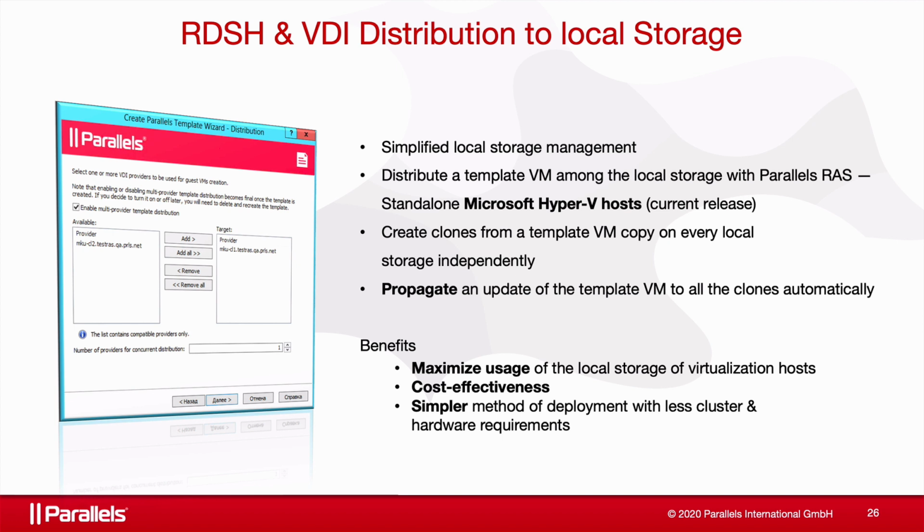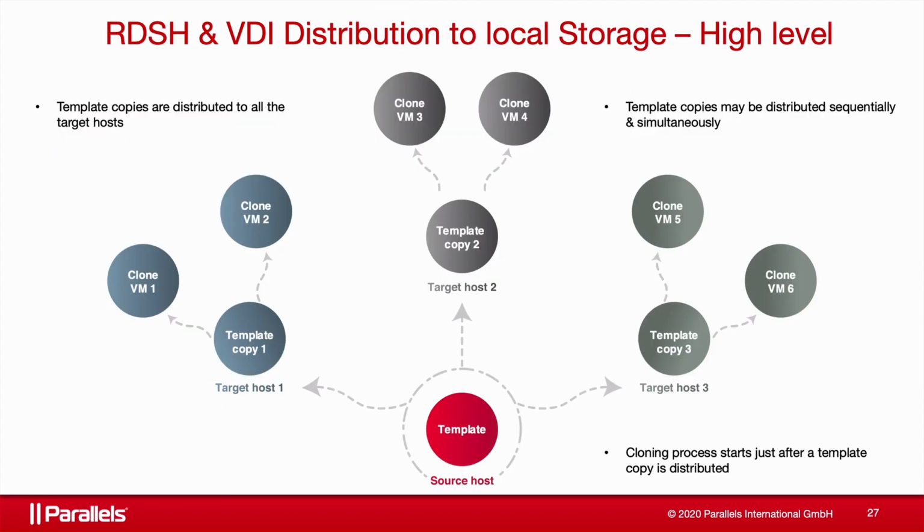So how does that work? First and foremost, you create the template in your source host, and you can target multiple hosts, like in the previous screen in the panel. So you can go to target 1, target 2, and target 3, for example. And the template copies are distributed to all target hosts.